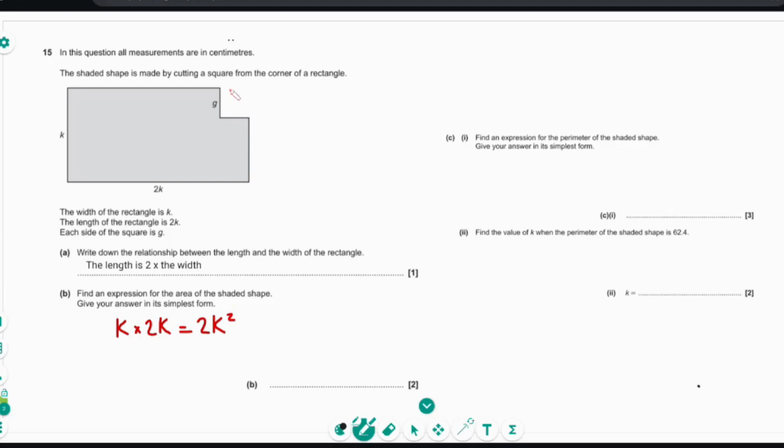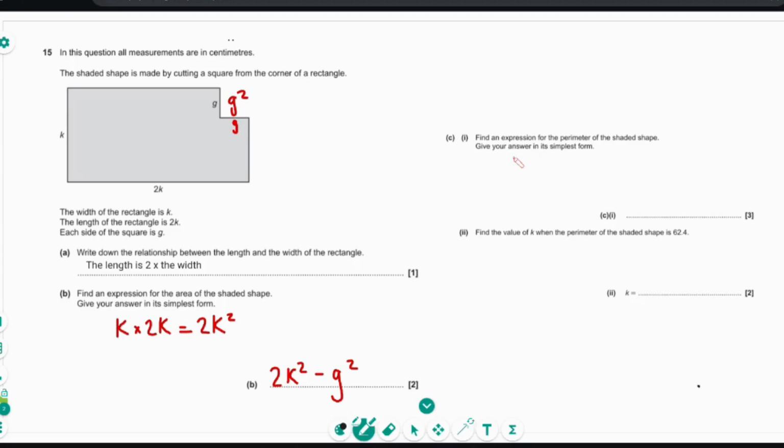The area of this square here that's been chopped out has a height of g, a width of g. g times g is g squared. So an expression for the area of the shaded shape is 2k squared minus g squared.